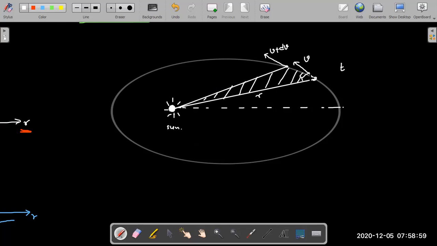This was the original position vector, and this is going to be the final position vector. Can I assume this as my change in position vector? That will be how much? dr bar. That's my change in position, dr bar.